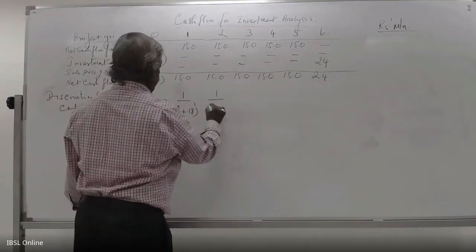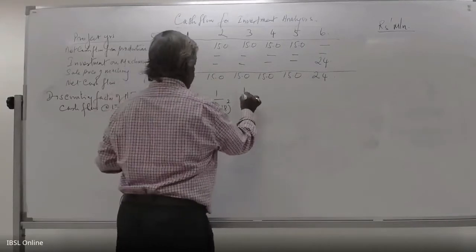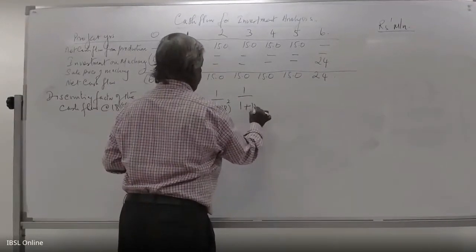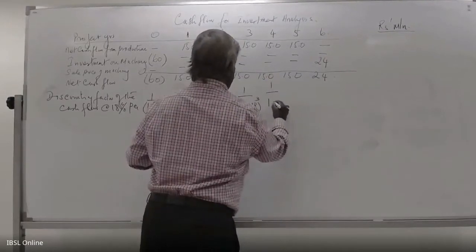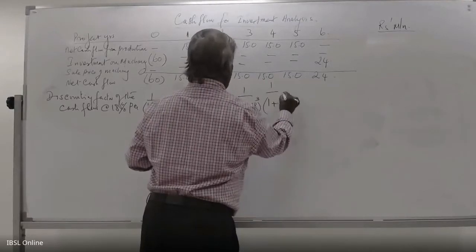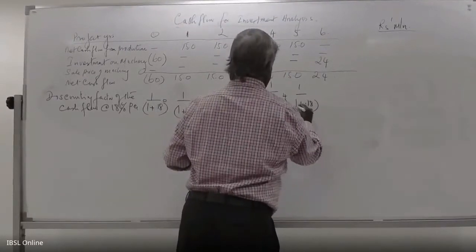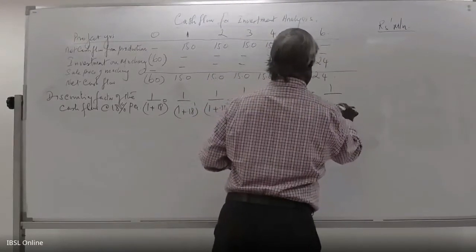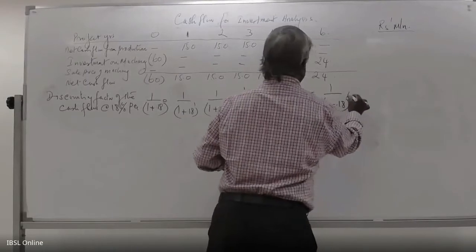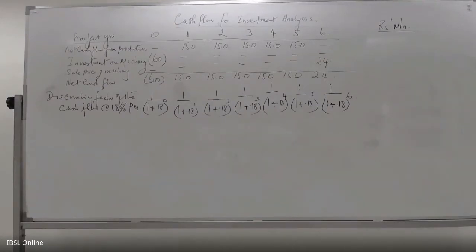Here 1 divided by 1 plus 0.18 to the power 2, then to the power 3, to the power 4, to the power 5, and to the power 6. So we are calculating the discounting factor of the cash flow at 18% per annum.